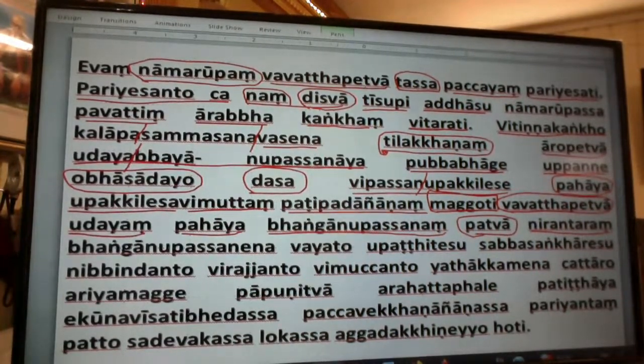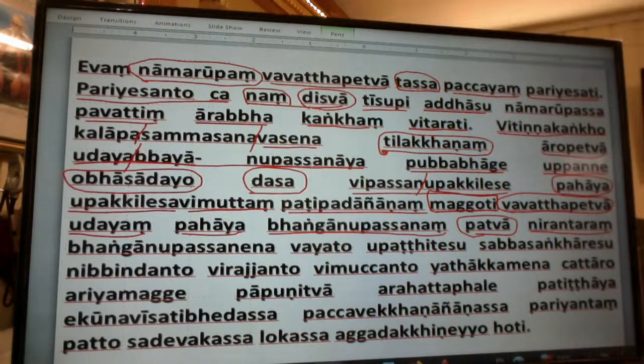Ni is no, antara is gap, so nirantaraṃ is no gap.